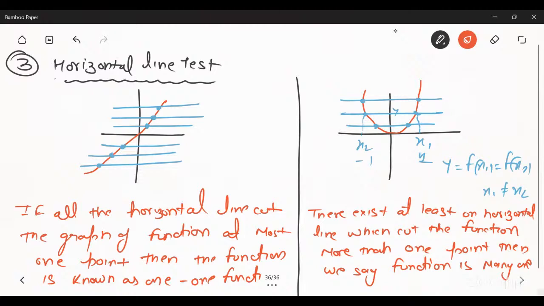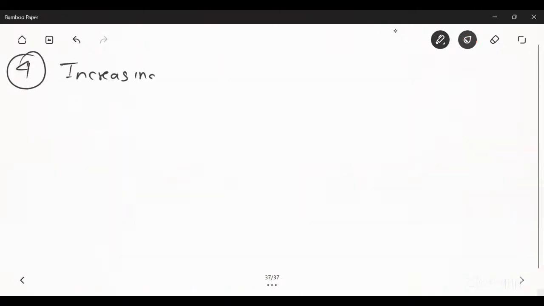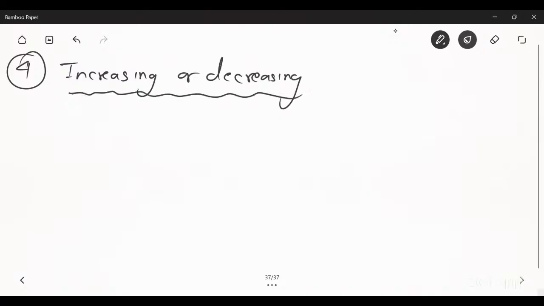Okay. Now the next method is increasing or decreasing function. If a function is increasing or decreasing, that function is always a one-one function.